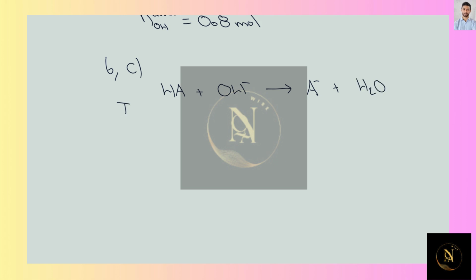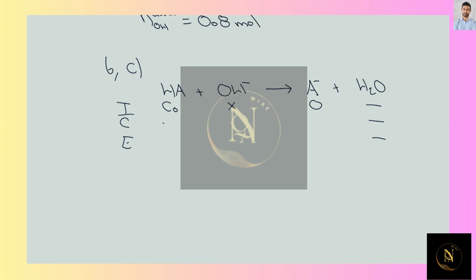We're going to write down our ICE table, again in terms of concentrations. C0, we're going to add an X amount of OH minus, and we'll start with 0. Water doesn't matter because it doesn't enter into any equilibrium calculation.